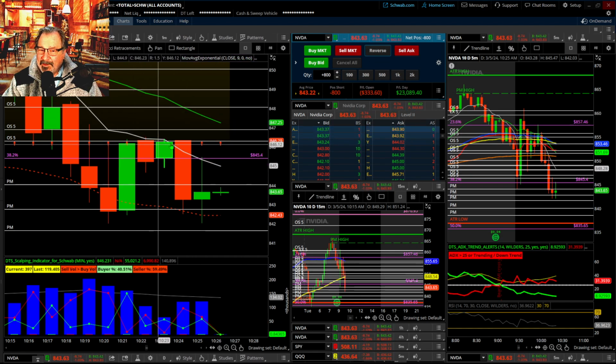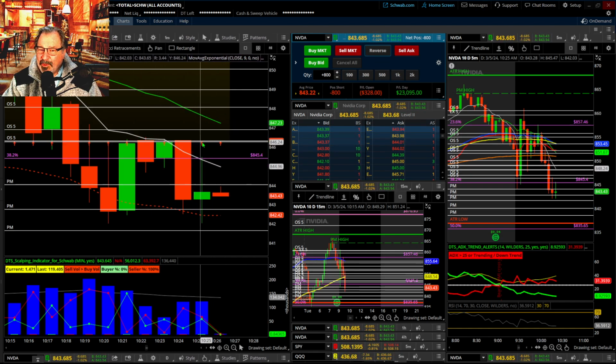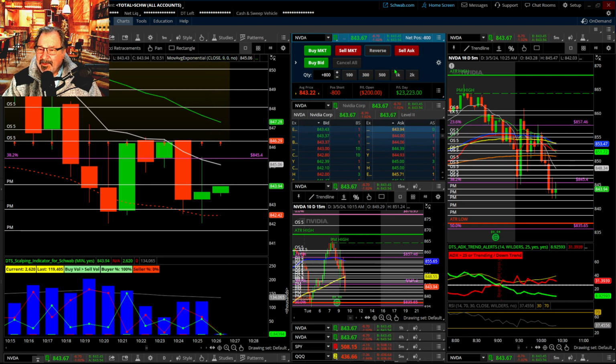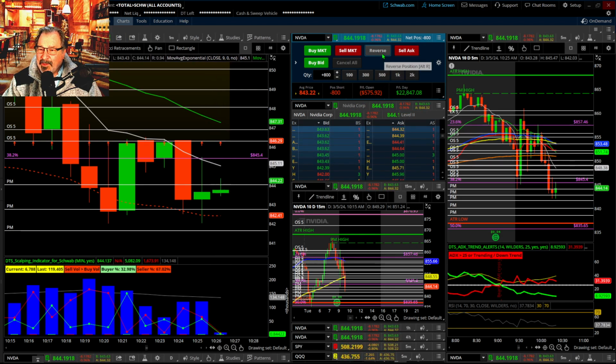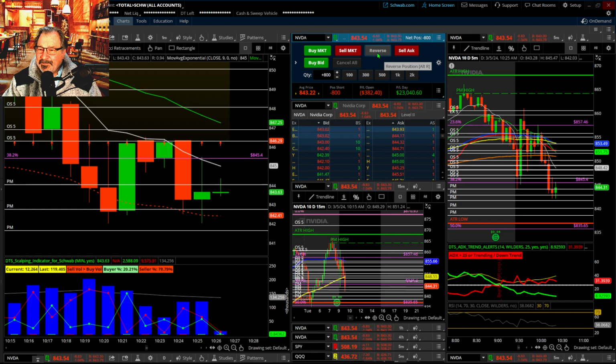This is definitely where you'd want to get a short position if it ever got back up there, but I'm in the wrong situation here. I'm going short at the wrong time, so I'm going to take a lesser loss, and it's going to go short now. It's going to go down.